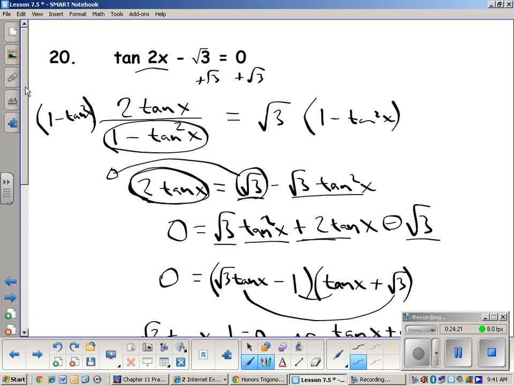And so tan of negative 120 should give me like a negative square root of 3, doesn't it? Well, it has to get it to equal 0. Well, negative square root of 3 minus square root of 3, though, is not 0.